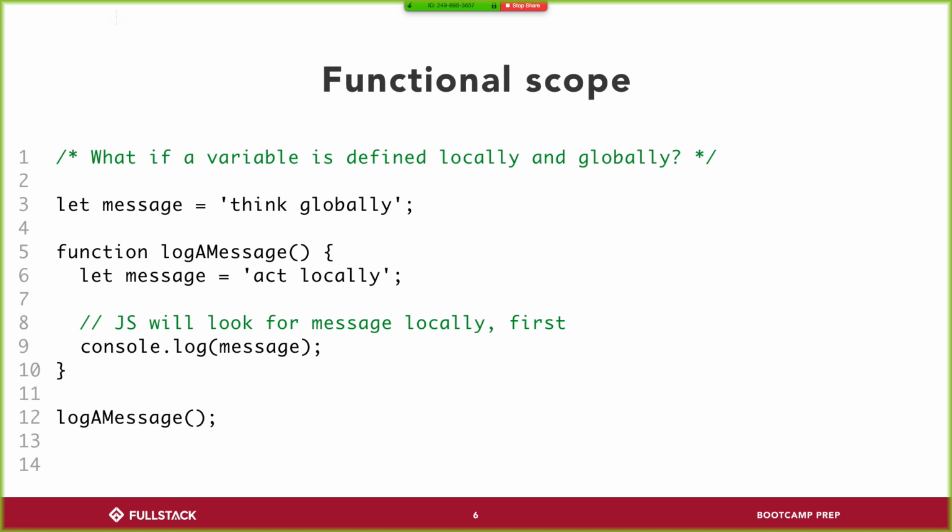Good guess, it will log act locally, just because you can think of the JavaScript evaluating entity as something that's very lazy, and it will just look at the closest one that it can find. So when we're logging console log message, it'll look for the closest message within its own local scope. It will find that it's called act locally, so it'll just log that.